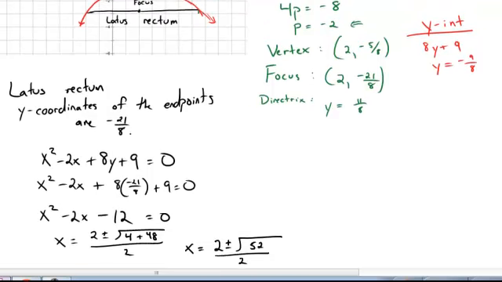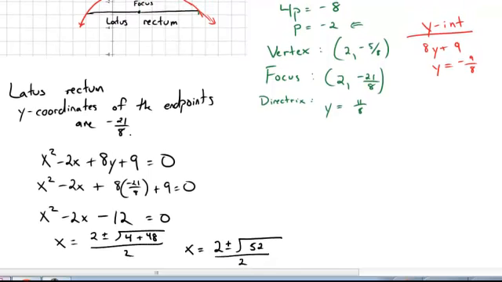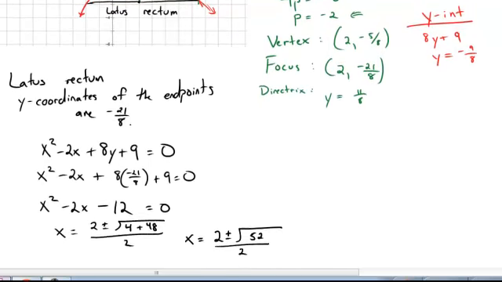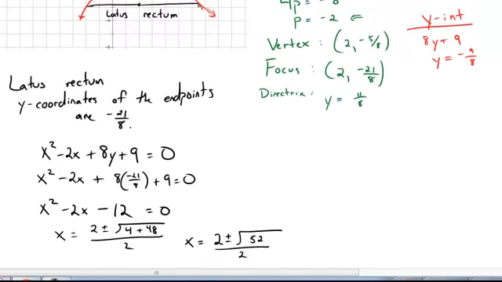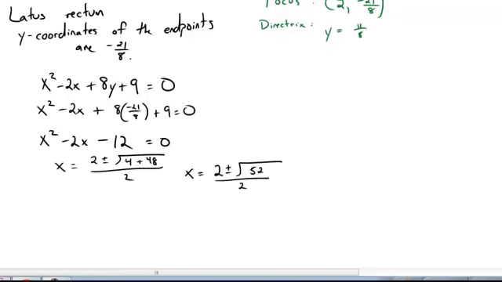And notice that this distance here, we're trying to figure out how far away we are on each side. So we really want to know what the distance is between the two of them. So we have an endpoint that's 2 plus root 52 over 2, and an endpoint that's 2 minus root 52 over 2.